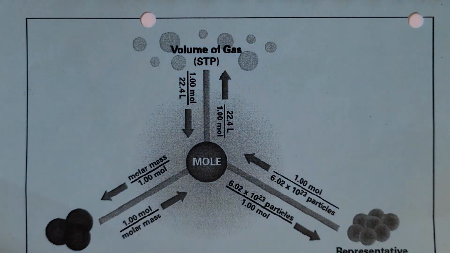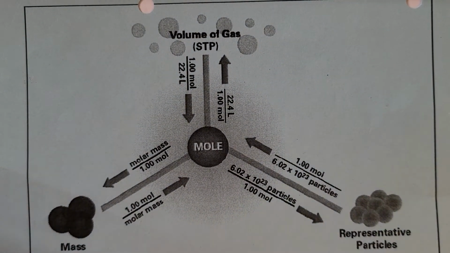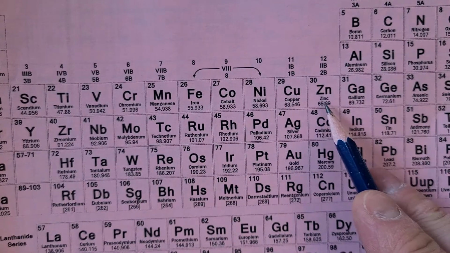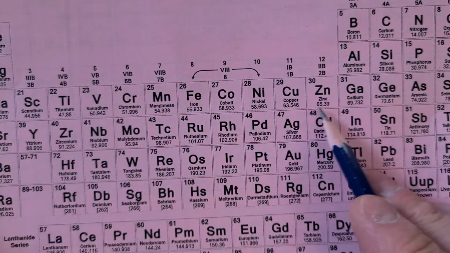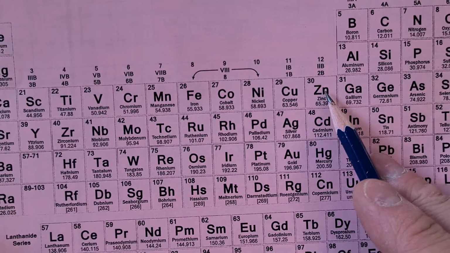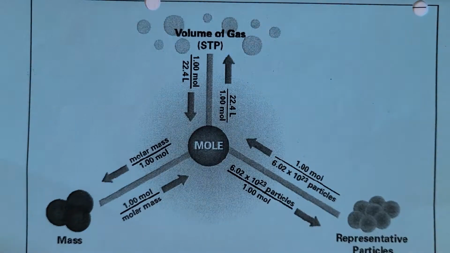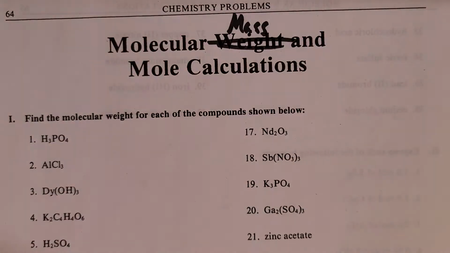So that number there represents how many atoms we would need to have to turn these relative mass numbers to grams. Same for zinc, 6.02 times 10 to the 23rd. If I had that many zinc atoms, threw them on the balance, it would say 65.39 grams. So that's all we're going to be doing with this.